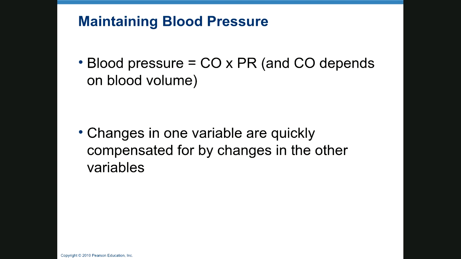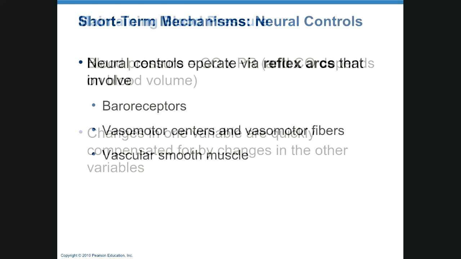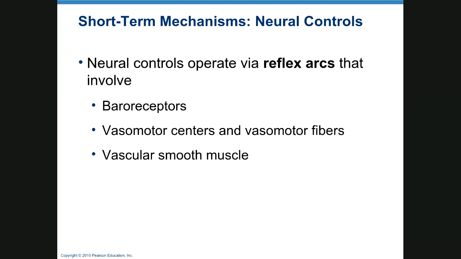Now, how this happens, how we take care of controlling this, control mechanisms. First off, the nervous system. We have reflex arcs. A baroreceptor is a pressure receptor. It sends messages to vasomotor centers in the brain, the medulla oblongata, and you have vasomotor fibers that respond, and they affect the vascular smooth muscle.